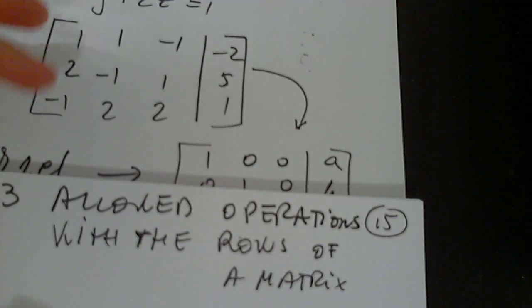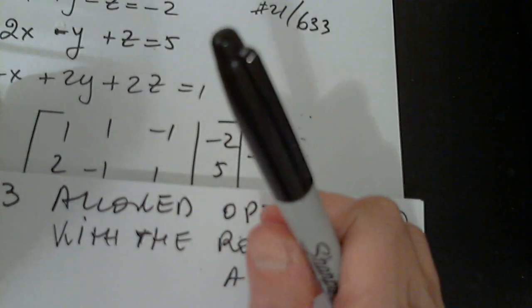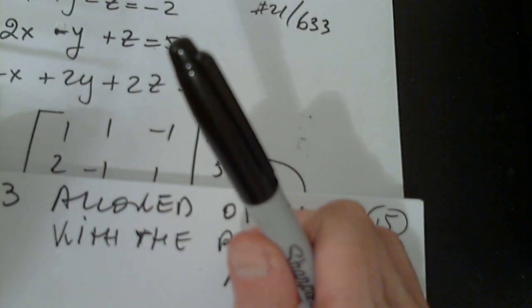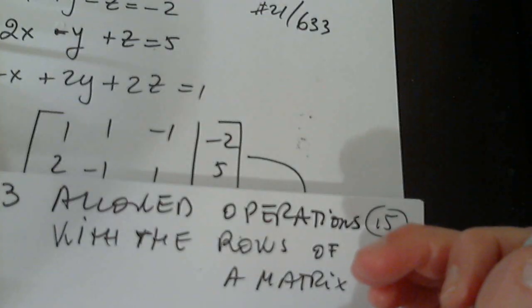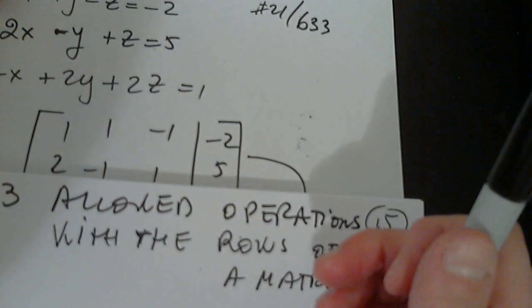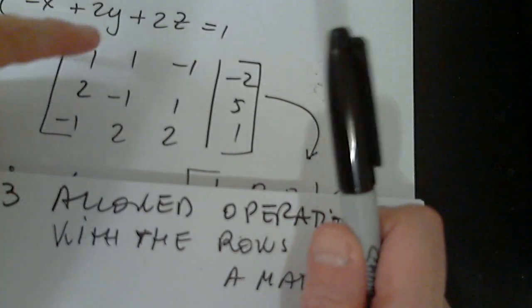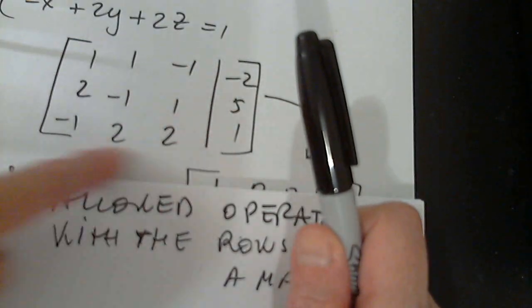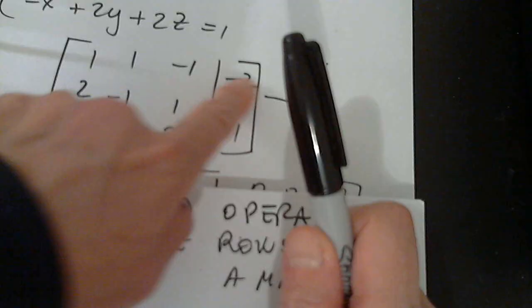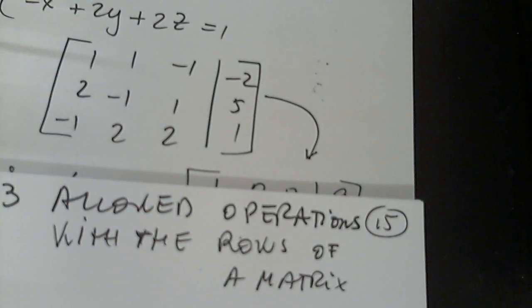What are these 3 operations? I can swap rows. In other words, I can change the order of the equations. Who cares? The system will not change, the solution will not change. So similarly, I'm allowed to swap rows. If I want to put this row as the 3rd one and this one as the 1st one, the system will stay the same, the solutions will be the same.